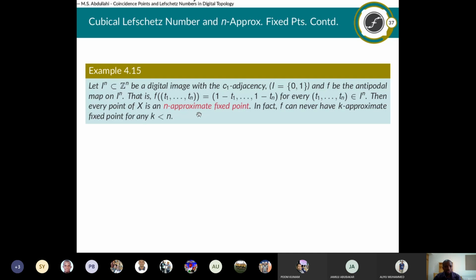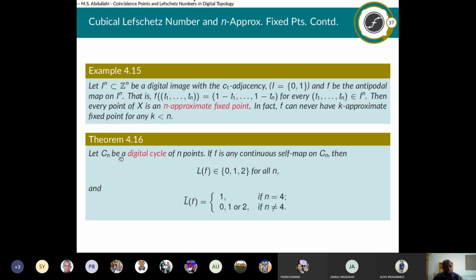Here we have another example of a map which we call the antipodal map, and this mapping has a Lefschetz number of 0, and therefore we will have an approximate fixed point. Another thing is we want to classify what the Lefschetz numbers will be on the digital cycle of n points.